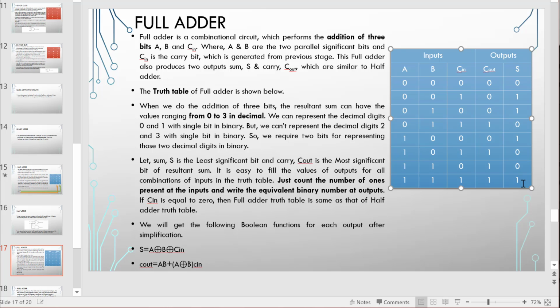Now let's draw the expression for S, right? As you have seen, it is 0 when the three inputs are 0. If there is 1 in either case, it will be 1. It is working for odd functions only, which is the exclusive OR case, as we have seen.